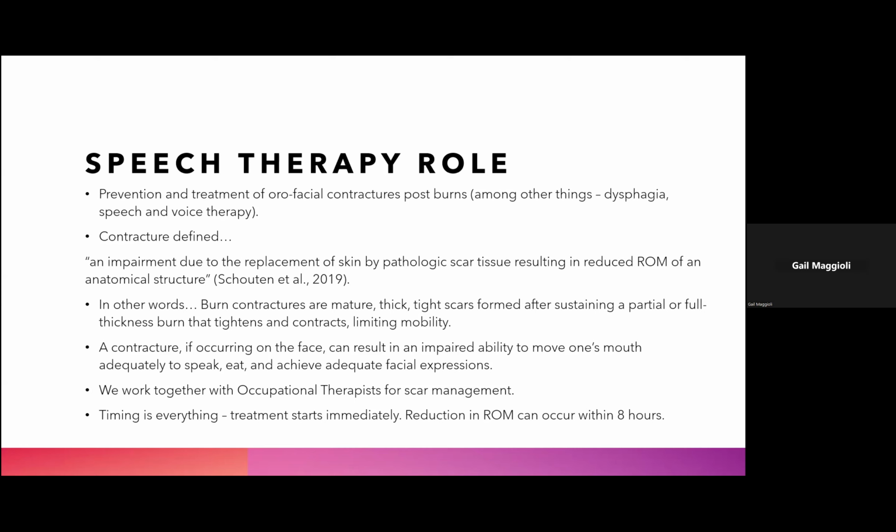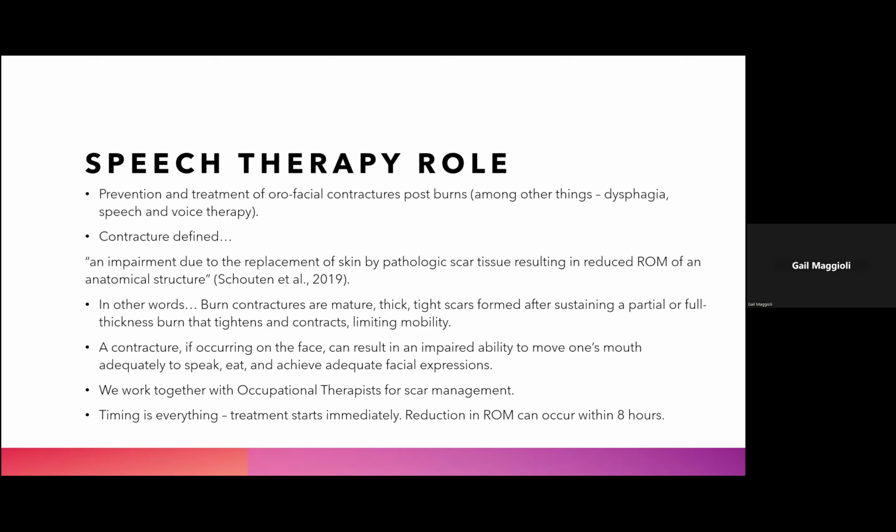So I'm sure you're all familiar with a contracture, but let me just give you a definition. According to Schouten, it is described as an impairment due to the replacement of skin by pathologic scar tissue that is resulting in reduced range of movement of an anatomical structure. So it obviously will happen anywhere, but I'm looking more at the facial burns.